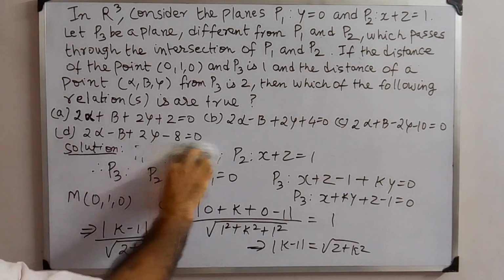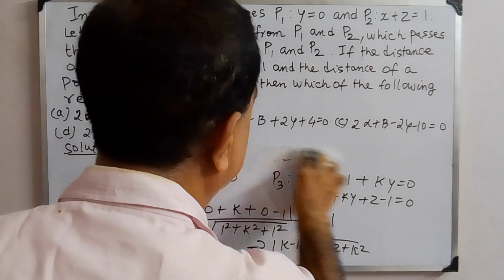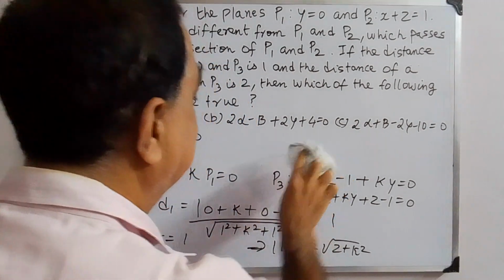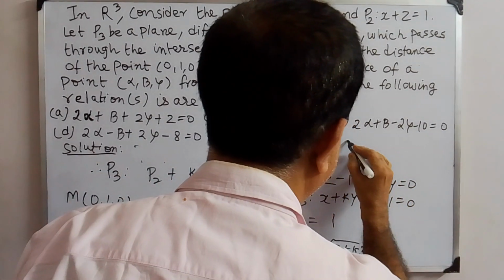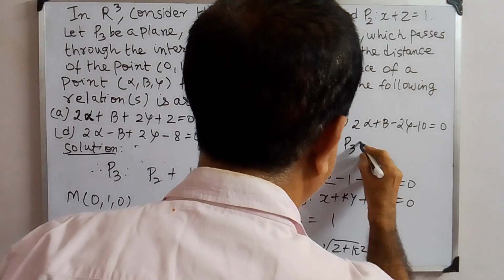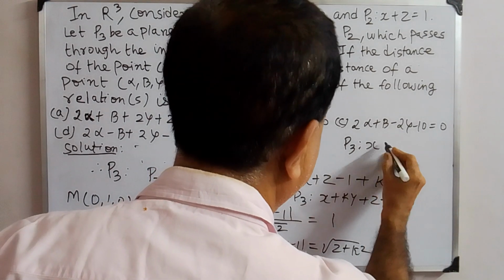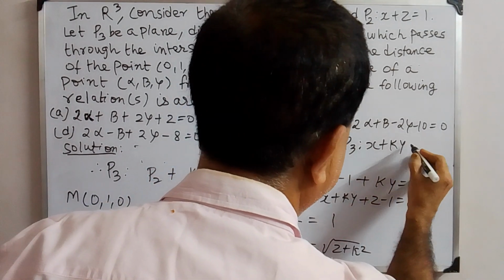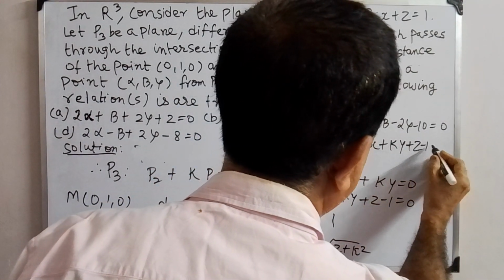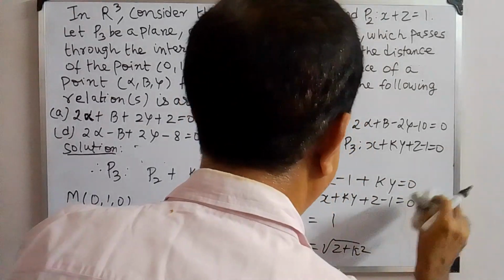Now this equation of P3 I am writing here separately because this will be required further. The equation of P3 is x plus ky plus z minus 1 equals 0.